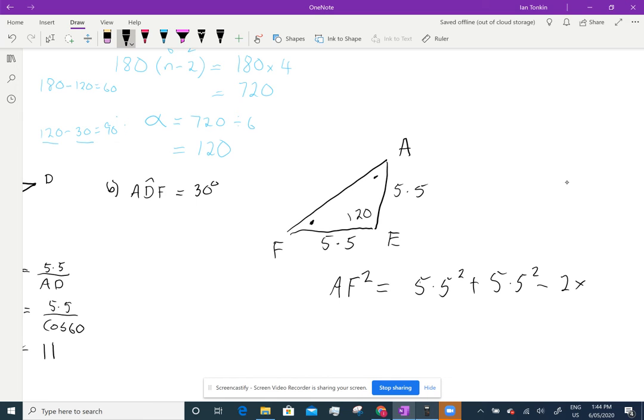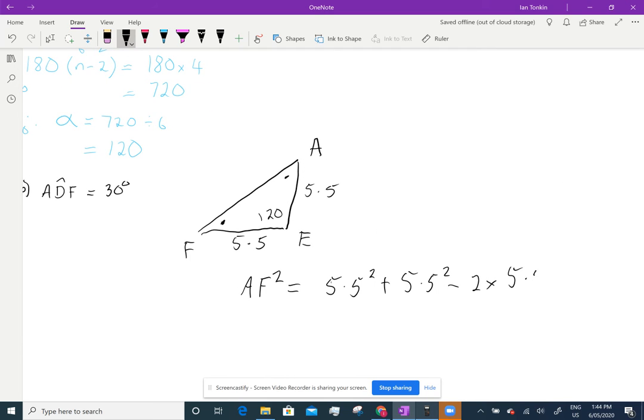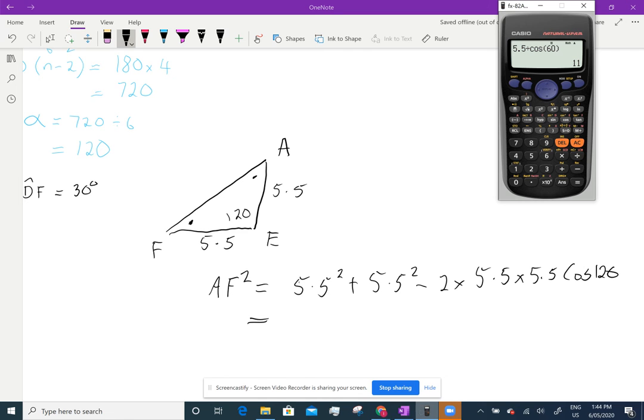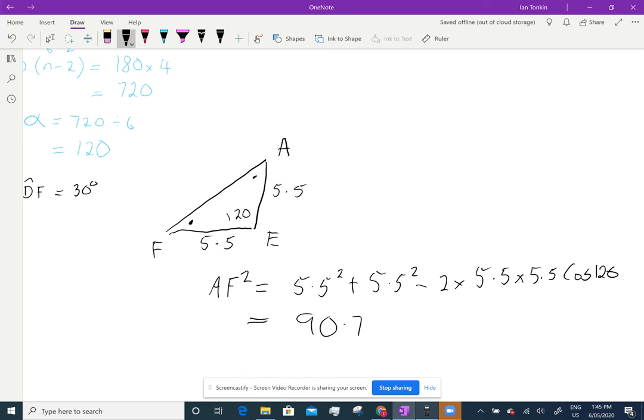minus 2 times 5.5 times 5.5 cos 120. So 5.5 squared plus 5.5 squared minus 2 times 5.5 times 5.5 times cos 120 gives 90.75, that's AF squared.